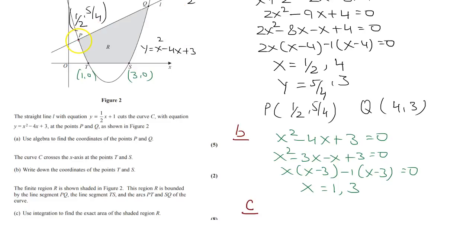Now we have this one and this one. This is a trapezium. If we subtract these two areas from here, this one and this one, we will get the area of the shaded figure. Because this is the area between x-axis and the curve. So this area.